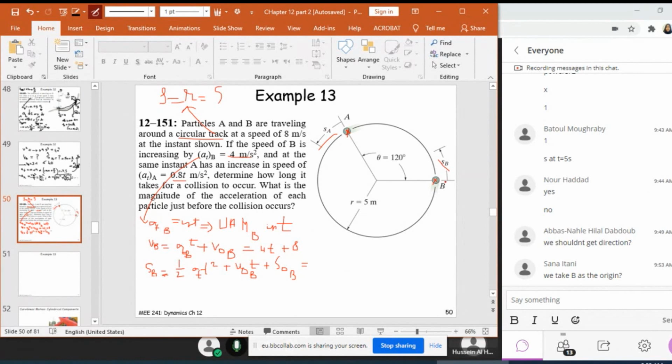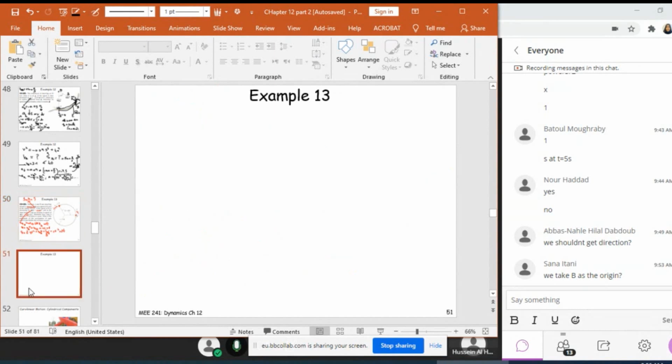And what does this give me? Since I'm taking the origin at 0 here for B, s0B will be 0. I'm taking B0, so this position, as the origin of B, and A0 as the origin of A. So this means, guys, that sB will be equal to 2t squared plus 8t. So this is for B.